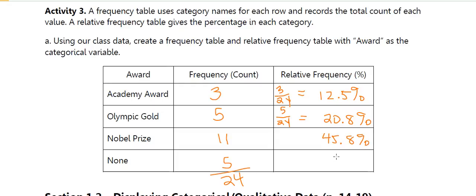So type these in and double check. Make sure you know how to get these numbers. And none was 20.8%. There's not really a right or wrong decimal place to round to. Just be sure you round correctly whatever place you choose. So that's how you get the relative frequency.